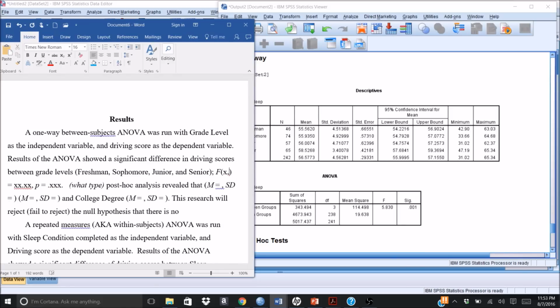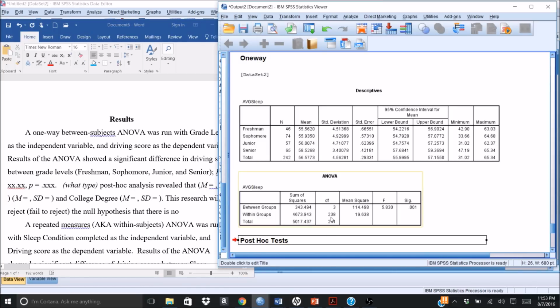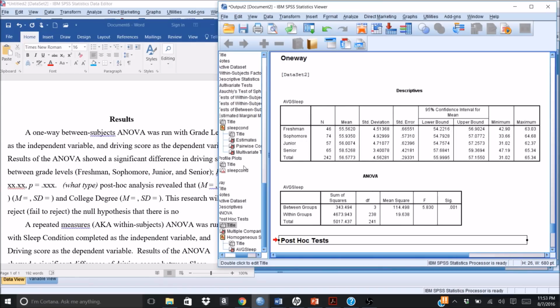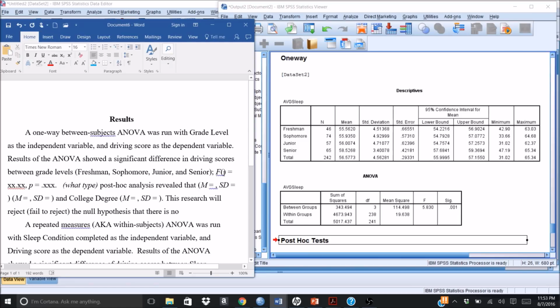Remember that my degrees of freedom is going to have two scores. It's going to have my between groups and within groups. And my between groups is going to be a 3. And my within groups is next. So my degrees of freedom for between groups and within groups is 3 comma space 238.